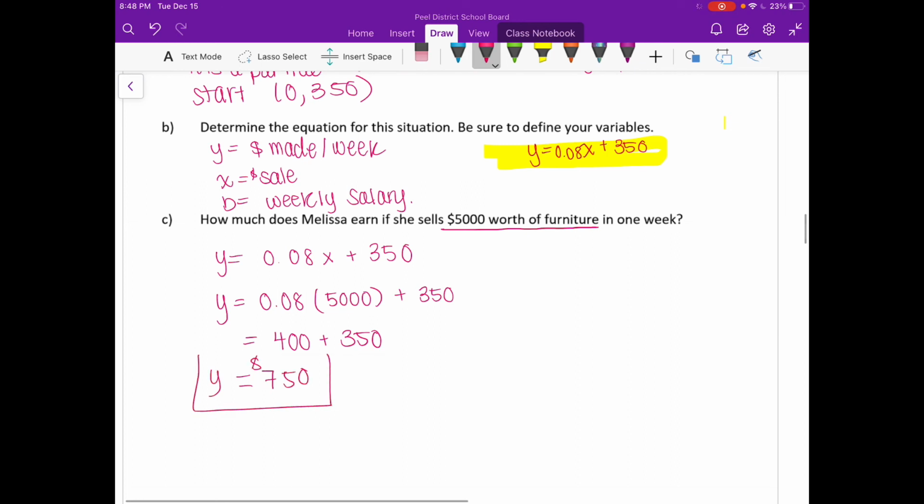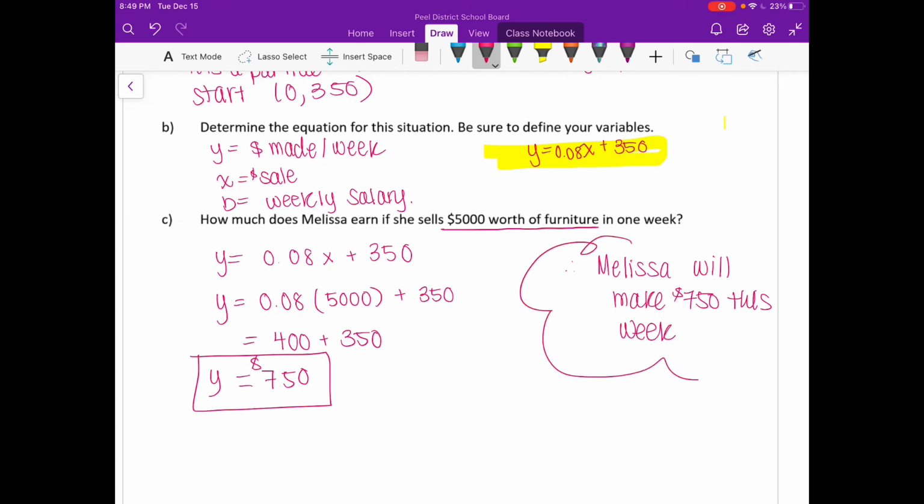So Y will equal 750. Therefore, Melissa will make $750 this week. Or that week, or whatever you want to write. Okay?